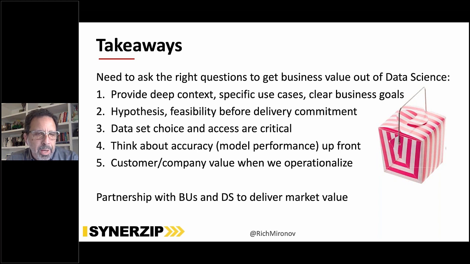Spend some cycles, make sure we can get the data we want, that it's accessible, that it's allowable, that it's legal. Think a lot here about accuracy or model performance before we get into all of our selection bias about wanting it to be true. And then how are we going to wire it in so either our customers or our employees can get the results out of the system rather than having it sit on some data scientist's desk somewhere, right?